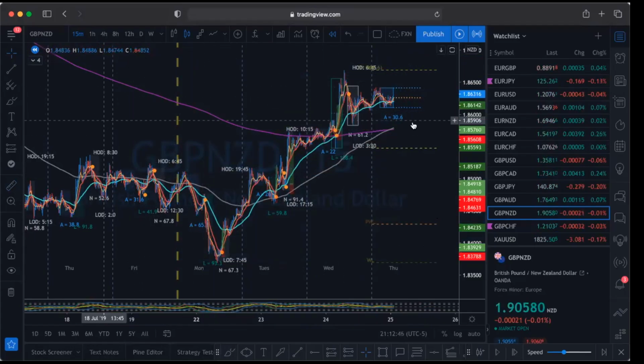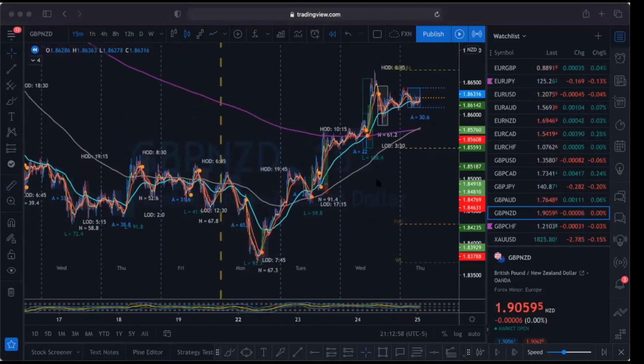So this pair moves, what was it, 172 pips on average a day. I'm not really good at math, but what's 3 times 172?